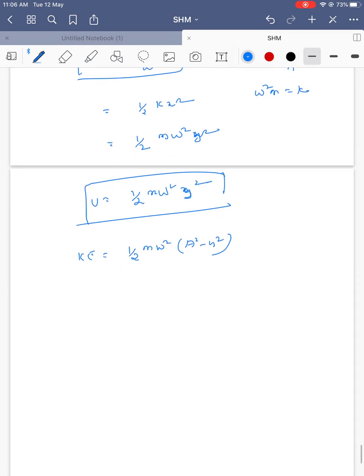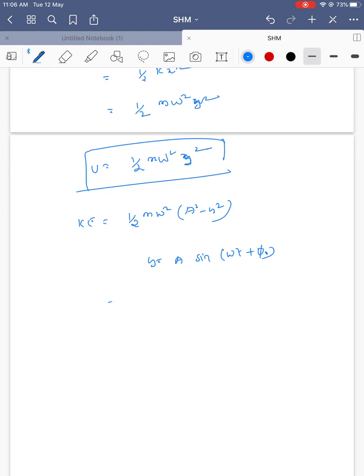So what is y? y is equal to a sine (omega t plus phi naught). If I substitute here, I can take a square out as a common factor: a square times (1 minus sine square theta), which is cos square (omega t plus phi).